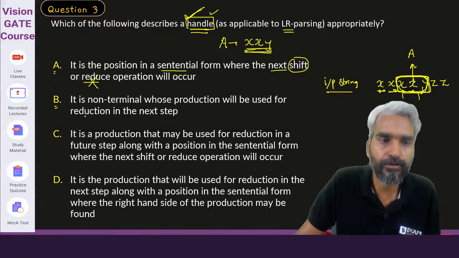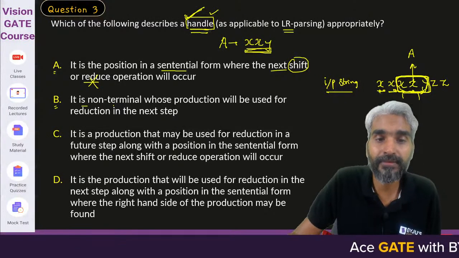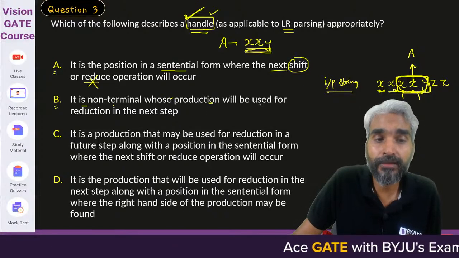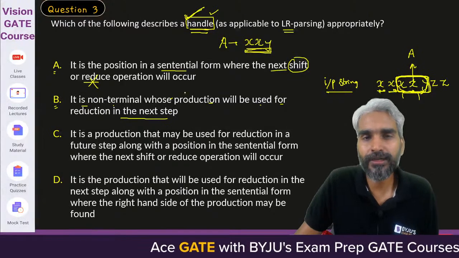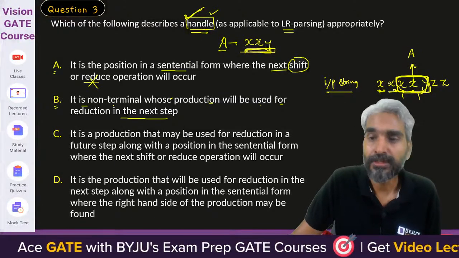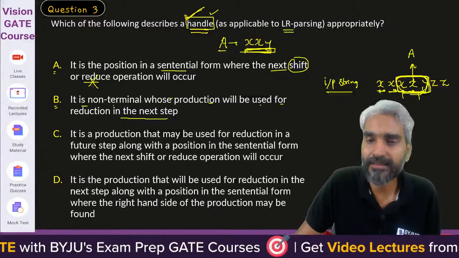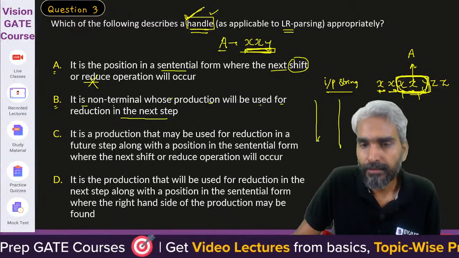So this reduce will not be there. It is a non-terminal whose production will be used for reduction in the next step. No. Why non-terminal whose production will be used in the next step? No. It is a substring. Please try to understand that this substring, when you are looking from left to right, what will happen? You will keep pushing.